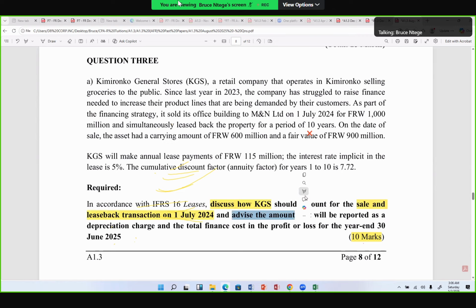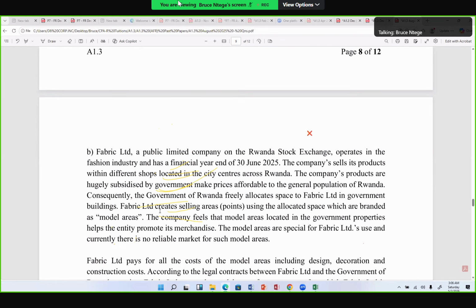Advise the amount that will be reported as a depreciation charge, and the total finance cost, which shall be taken to the P&L for the year ended 30th June 2025. So our focus is year ended 30th June 2025. Beyond just 1st July, we shall also go to the end of the year. So that is the question, 10 marks.